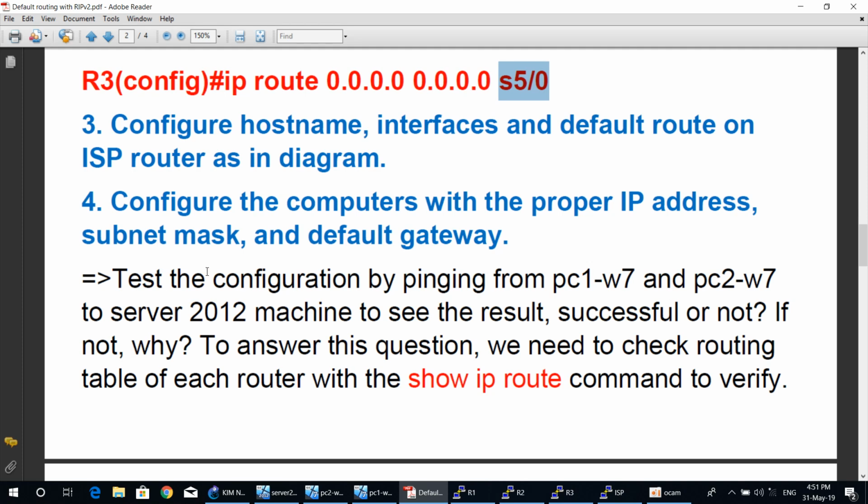After you have configured the computer with the proper IP address, subnet mask, and default gateway address, test the configuration by pinging from PC1W7 and PC2W7 to the server 2012 machine to see whether the result is successful or not. If not, why? Let's start step 4 altogether.